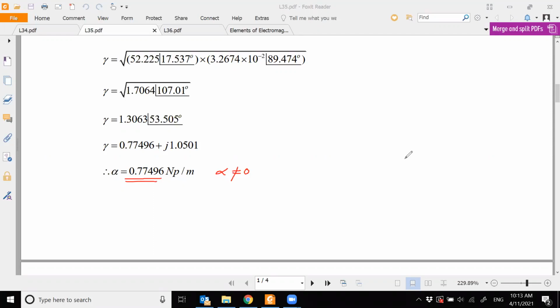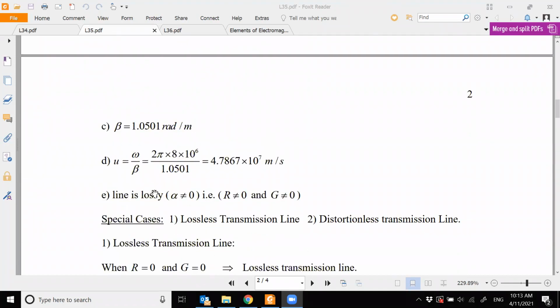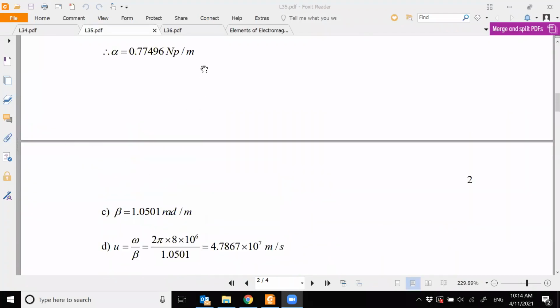Because we know the definition of lossless. Lossless case is the case when my attenuation constant is 0. But here my attenuation constant is not 0. That's why obviously it's lossy. Okay. So this was a simple example of how we can find different parameters of a transmission line.